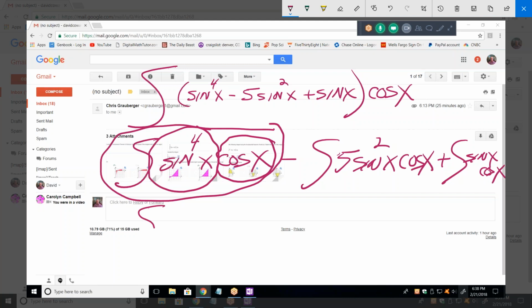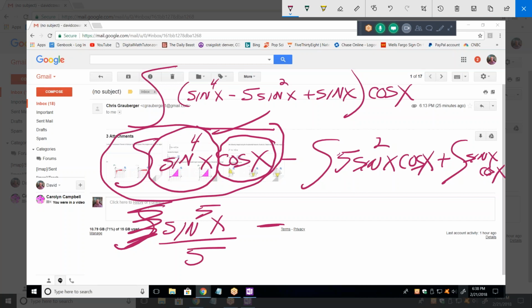After a while, you get used to the fact that this derivative is going to just disappear, and this thing's going to end up being sine to the 5th of x over 5. That's going to be the answer to this part. This part is going to be sine cubed of x over 3, or 5 sine cubed of x over 3.